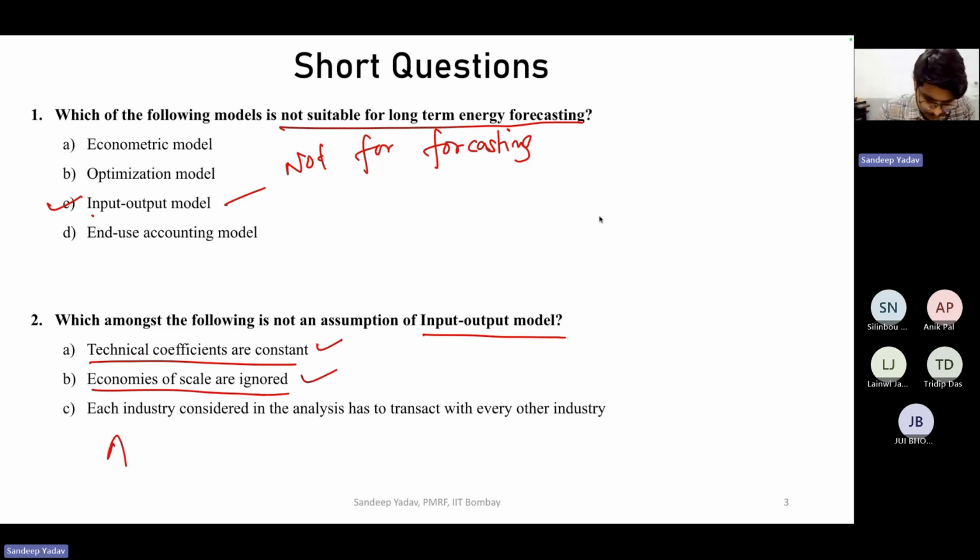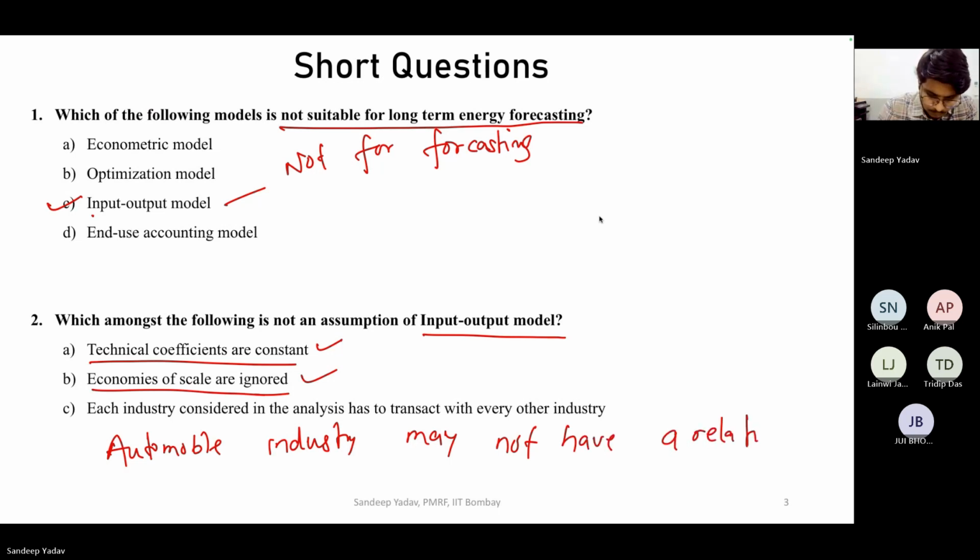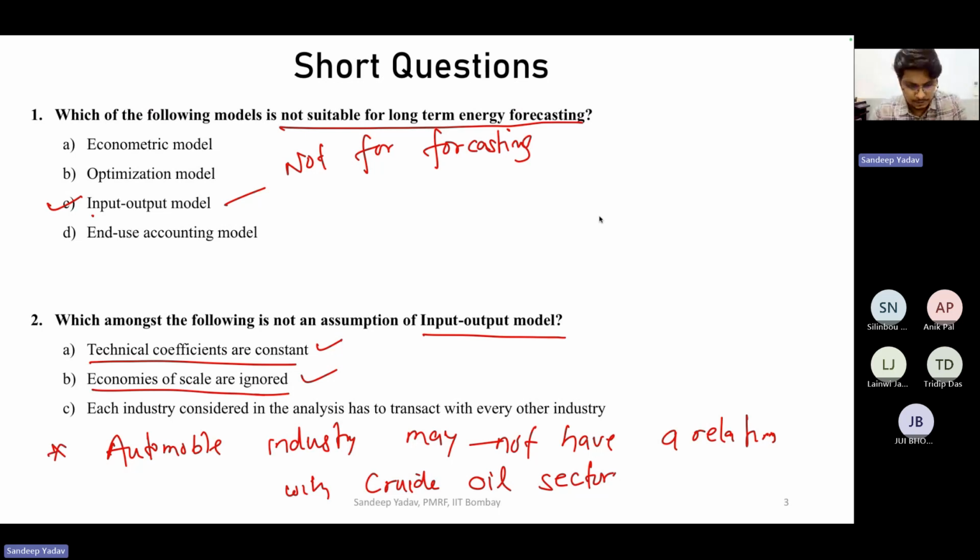For example, the automobile industry may not have a relation with the crude oil sector. We are talking about the direct relationship here. So option number C will be the correct answer, as this is not an assumption of the input-output analysis. I hope these two questions are clear.